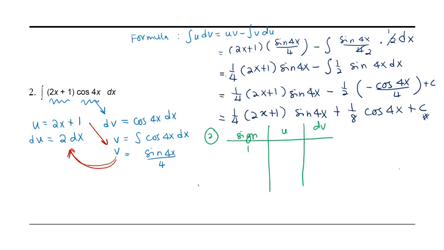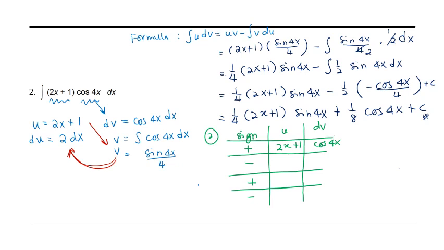Okay, sin starts with plus, minus, plus, minus. Okay, so u is 2x plus 1, dv is cos 4x.